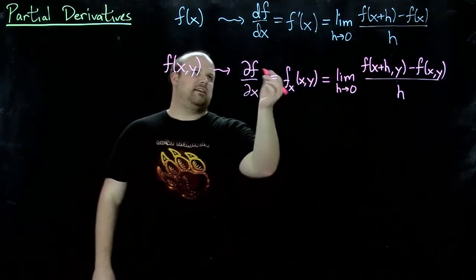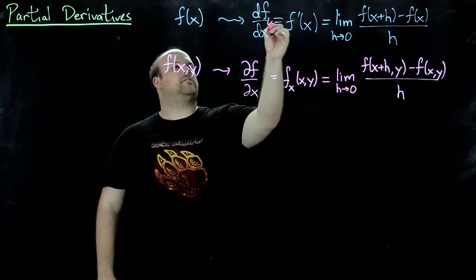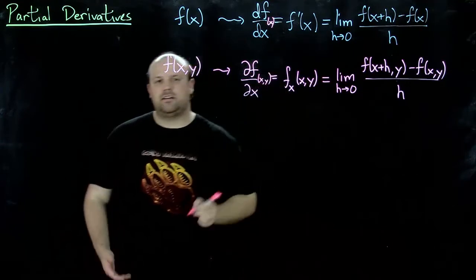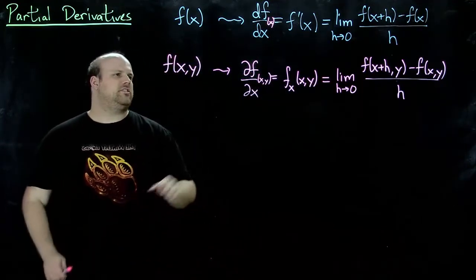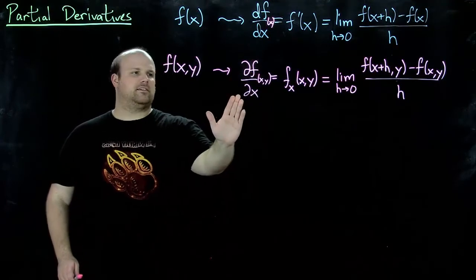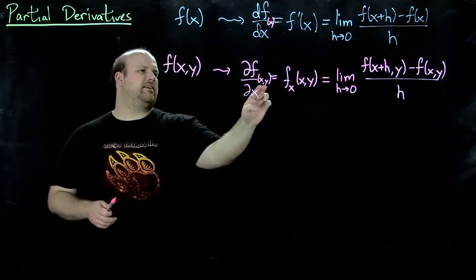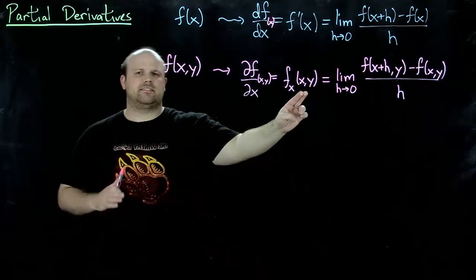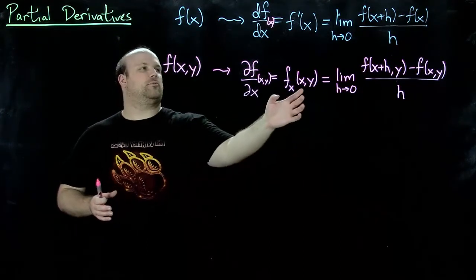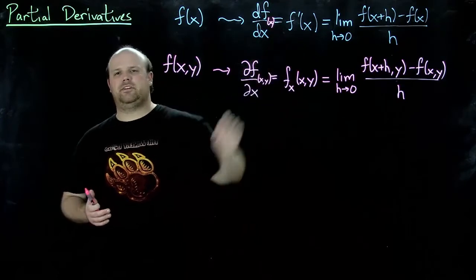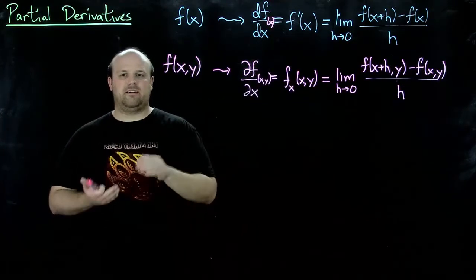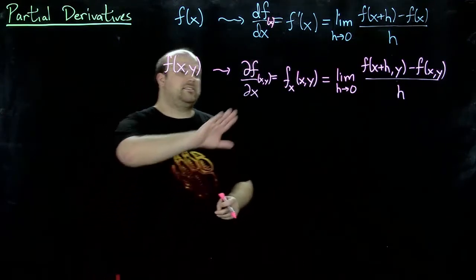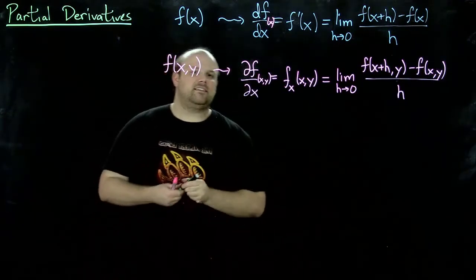And up here you could also have f of x. In here you can write f of x and y if you like. Usually when we write it as the quotient like this, we can leave off this of x, y pretty easily. Over here I think it's a little more important to keep it because this looks more like a function. Just like up here, you usually don't write f prime, but you write f prime of x. All right, so that was the partial derivative with respect to x.